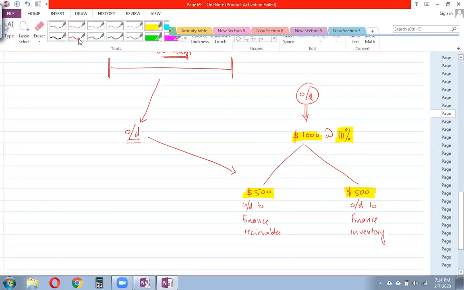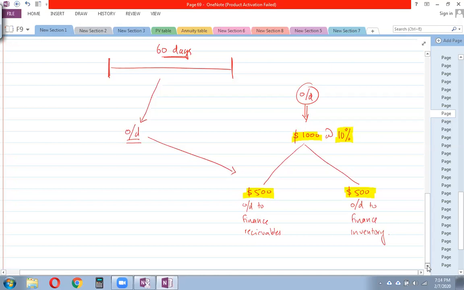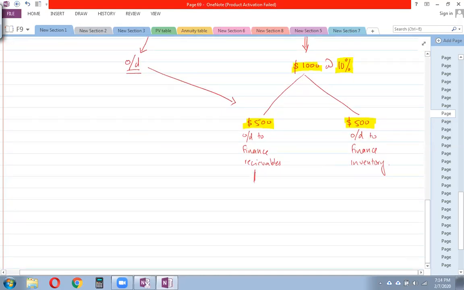So what will be the cost of financing receivables, or in simple words, we can say the interest cost? Cost of financing receivables.